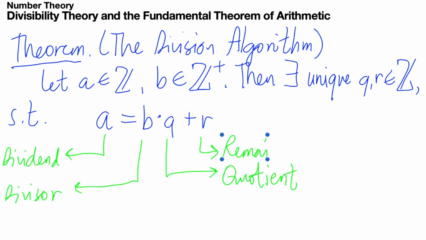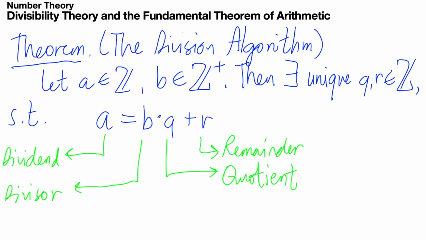So this is our division algorithm. Again, a is an integer, b is strictly a positive integer, and there exist two unique integers q and r such that this equation holds.